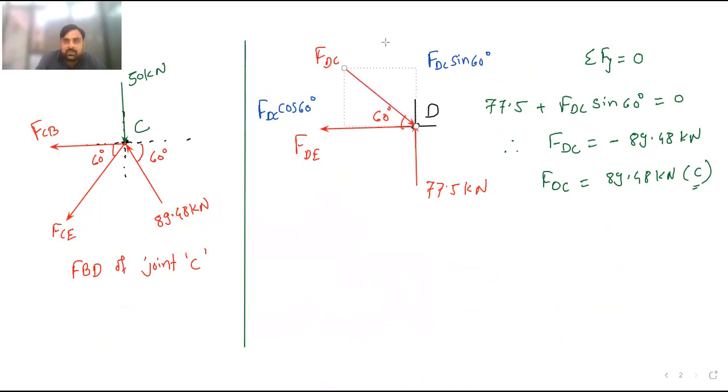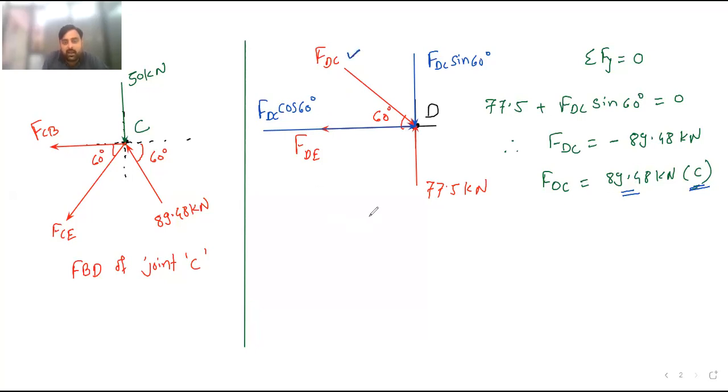Then the components, whatever I have resolved, those also change in direction. This is the FDC sine 60 component, and this will be the FDC cos 60, the second component.